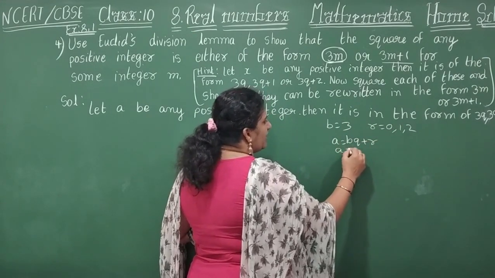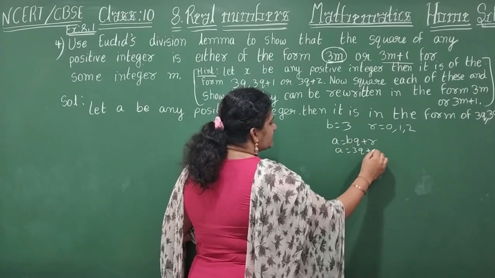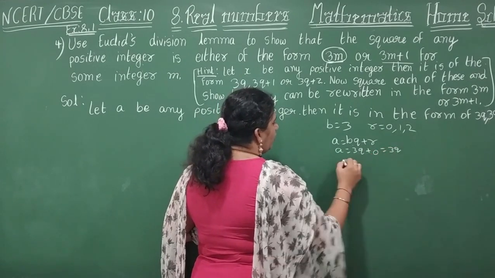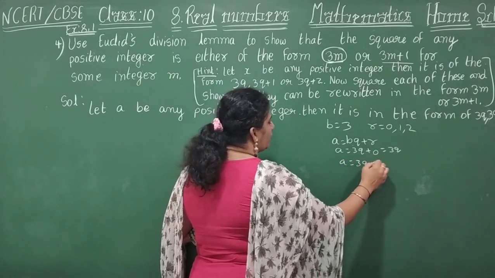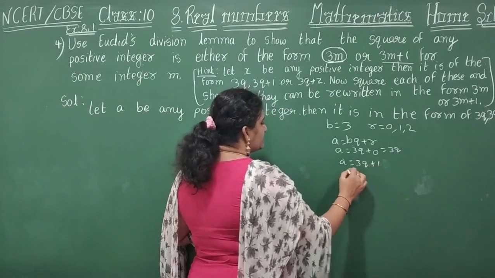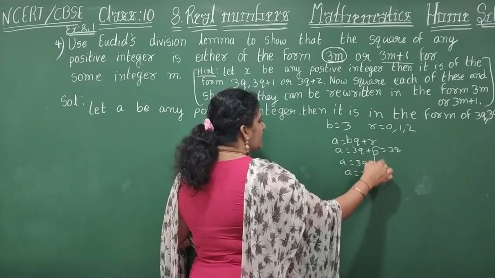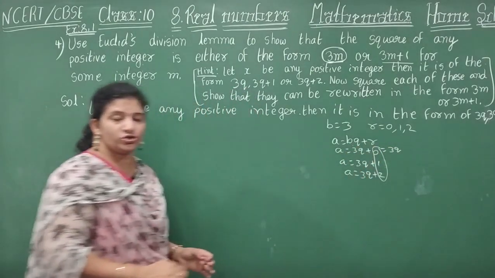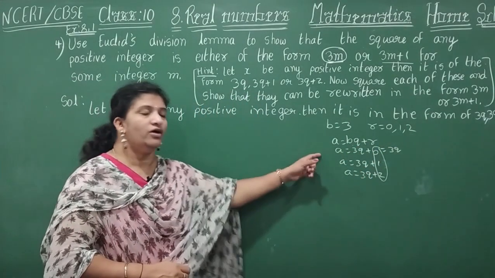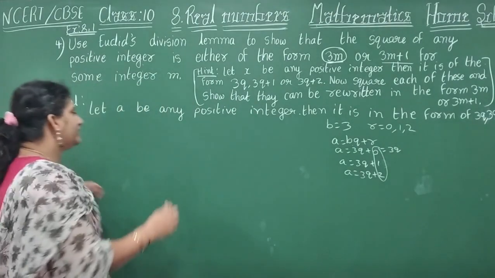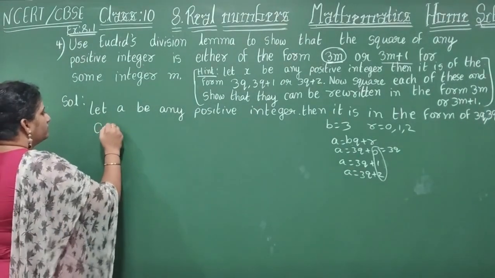What you are going to get? a is equal to 3q plus 0, that is 3q, and a is equal to 3q plus 1, that will be as it is, and one more case, a is equal to 3q plus 2. See, these are the 3 remainders you have substituted in your Euclid's division lemma to get the 3 cases here. So let's start here.